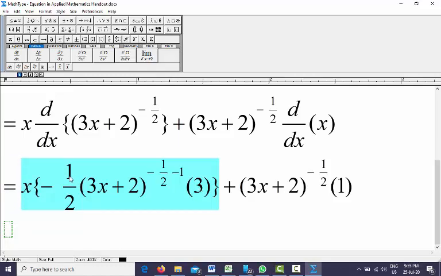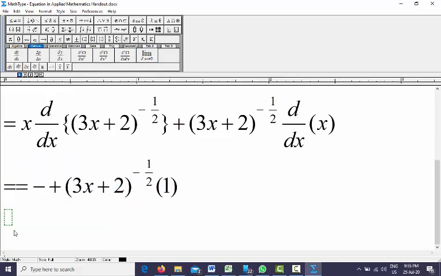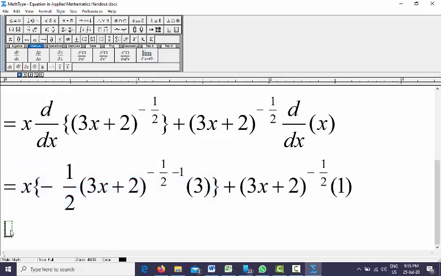So we will have 3 divided by 2, and the minus you need to write first. I'm saying again, 3 multiplied by 1 is 3, divided by 2, and minus will come out. Then this x is also in the numerator, so in the numerator we will have 3x.